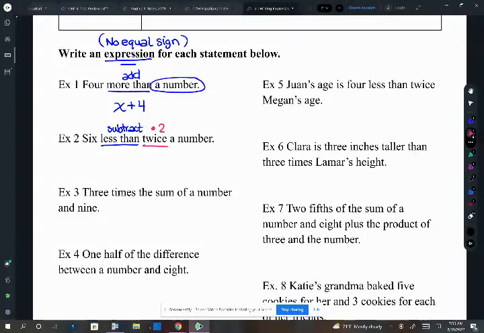Okay, and so whenever we see that than, then the number that's in front of it goes at the end. So we're going to do subtract 6, and then it's twice a number. And again, this is our unknown, so we can use any letter we want. So we're going to say 2 times any letter that we want. So in this case, I might say n.